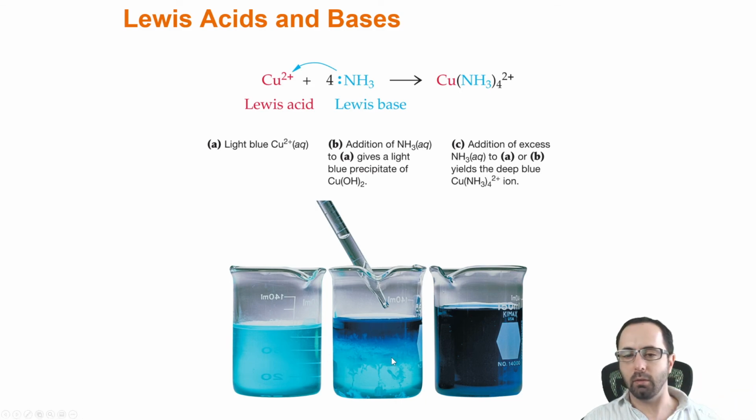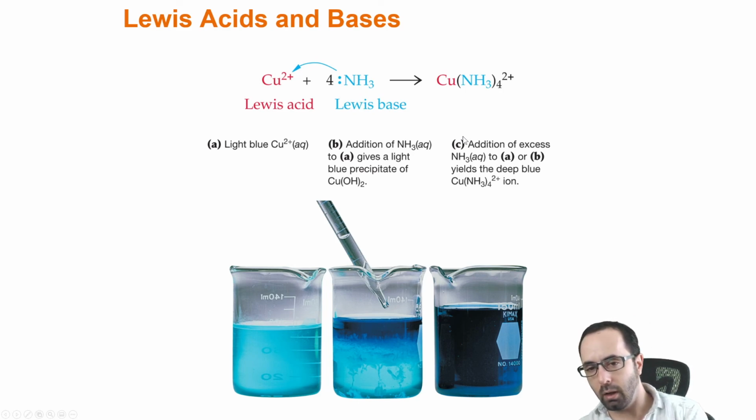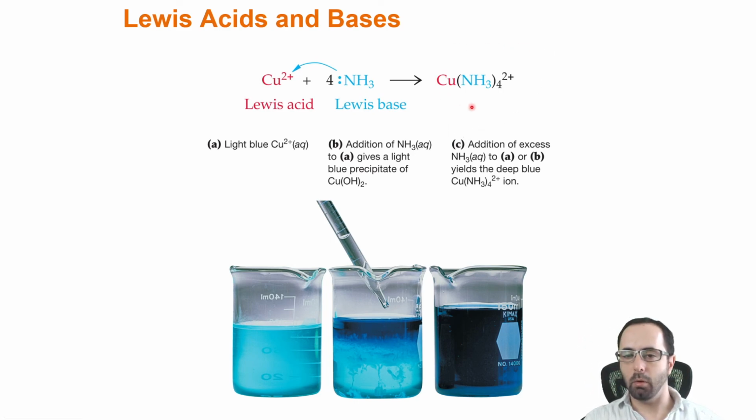And so it comes out of solution here. If we add more ammonia, though, then we force the production of this tetraamine copper 2 complex ion, and ions are soluble. So this neutral hydroxide is not soluble, but if we add even more ammonia, we'll produce this soluble complex ion, and then it has a deep blue color to it.